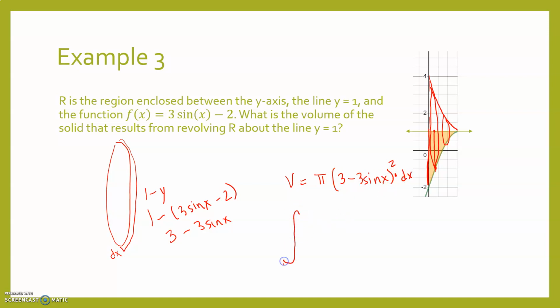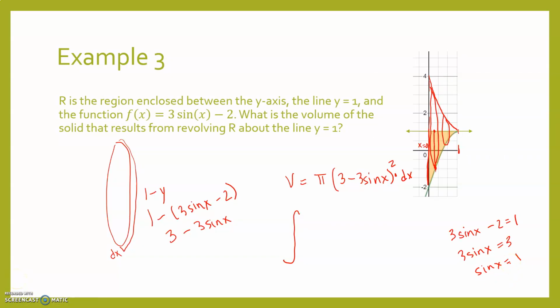And the volume of all of the little things, all of them put together, would be from x equals 0 until we get to this point, which is when 3 sine of x minus 2 is equal to 1, or when sine of x is equal to 1, so that would be pi over 2.